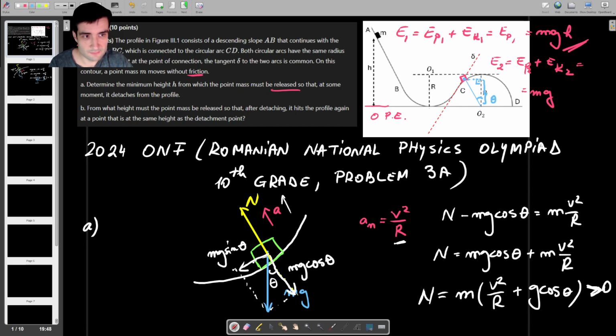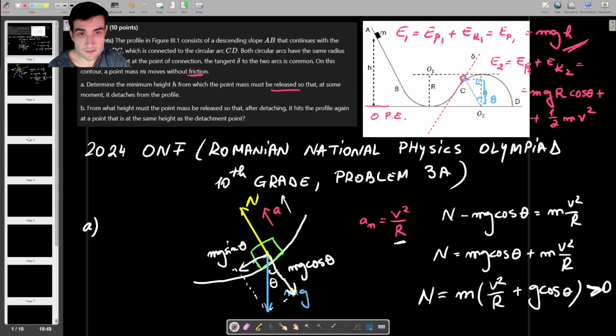That's the height above the ground. If you do some trigonometry, that's going to be mg multiplied by r cosine of theta, plus the kinetic energy, which is just 1/2 mv squared. I don't know what v is, but we're going to figure it out.